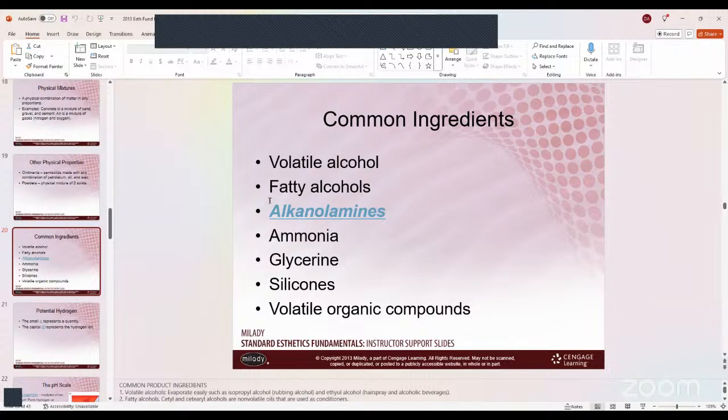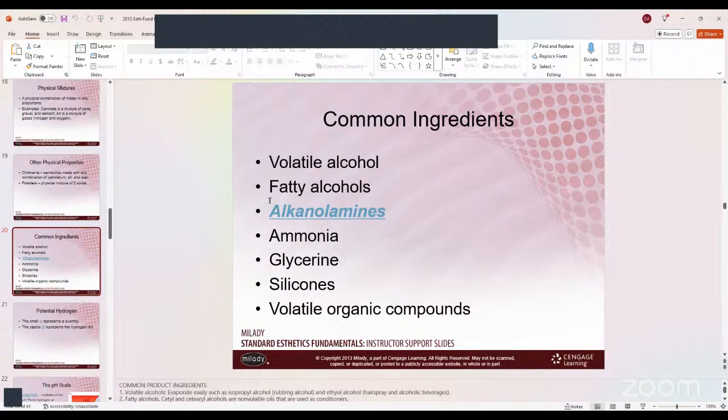Now, we do know alcohol can pull out moisture. And so, when using these products and sprays, you will need to come back in with moisturizing, conditioning treatments. That's something you can even share with your hairstylist friends. All right. So, there are some good alcohols and there are some bad alcohols.